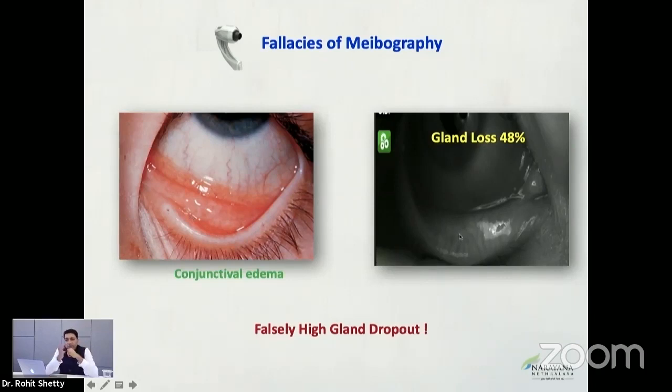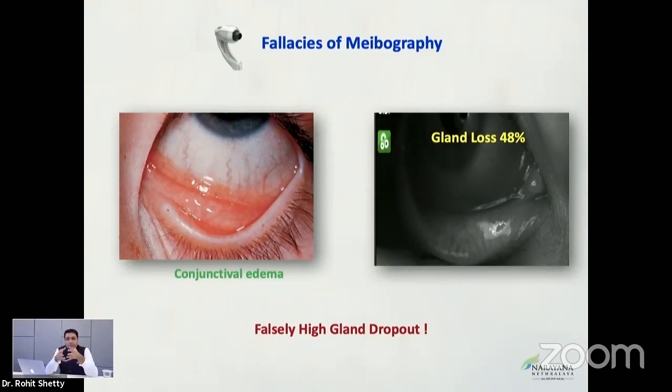You start the patient on steroids, or on long-term treatment, and once the inflammation comes down, the glands steadily start appearing. There are papers on this which are completely misleading, which say that the glands reappear. Glands cannot reappear. Once you're dead, you're dead.